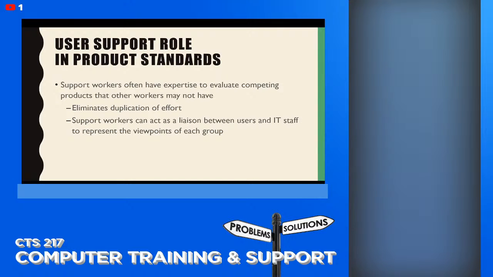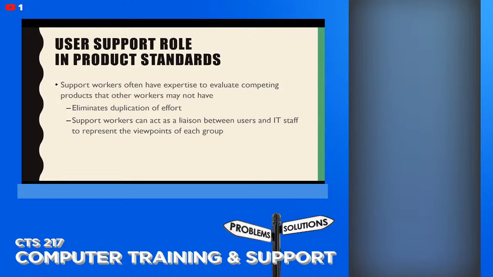And when we get into a business setting, it's that expertise, that knowledge, that experience that's going to be building on the product standards, the baseline of what we need for a product to work in our environment.